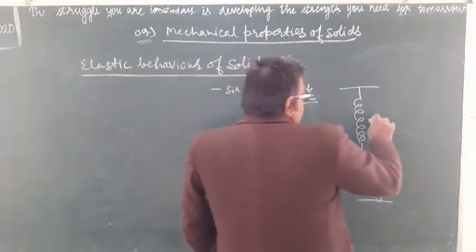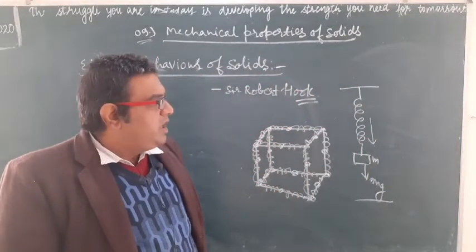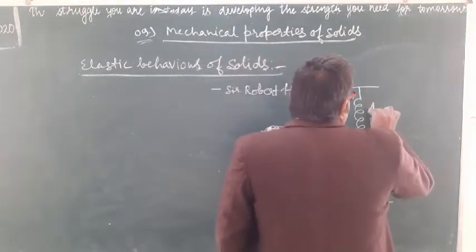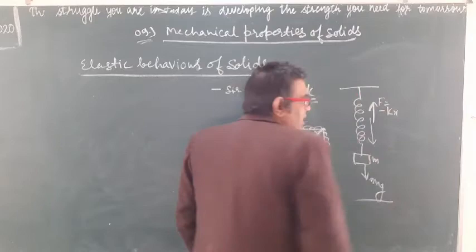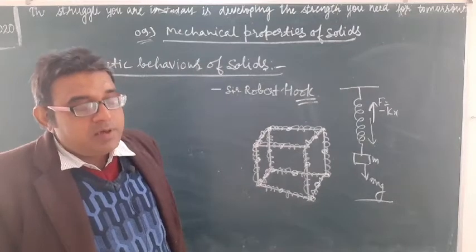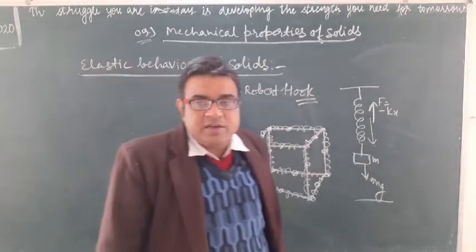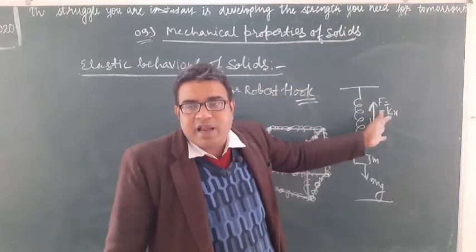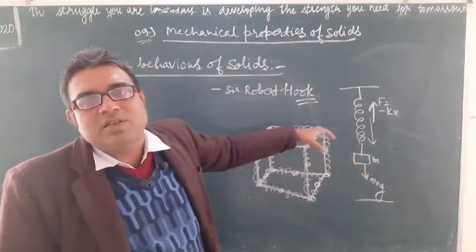You will see that the spring is elongated, and a restoring force, the spring force F is equal to minus kx, acts. In chapter 5, work, energy and power, we studied the work done by a spring force. F is equal to minus kx is the force acting on the spring, which tries to bring it back to its original position.